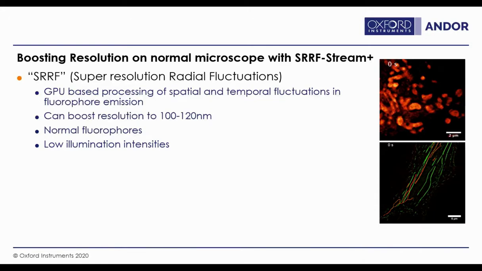And using this technique, you can achieve between 100 and 120 nanometers of resolution, so probably equivalent to what you would get from SIM. And this can be using normal fluorophores, and crucially can use low illumination intensities.